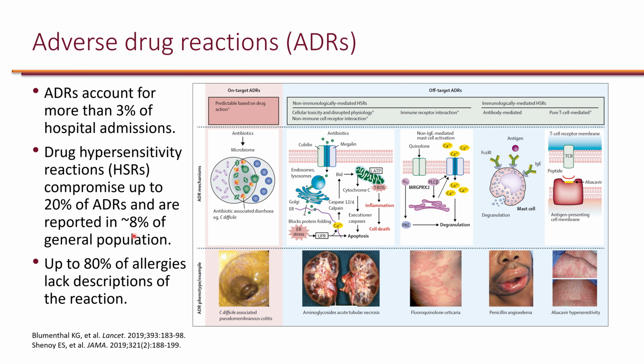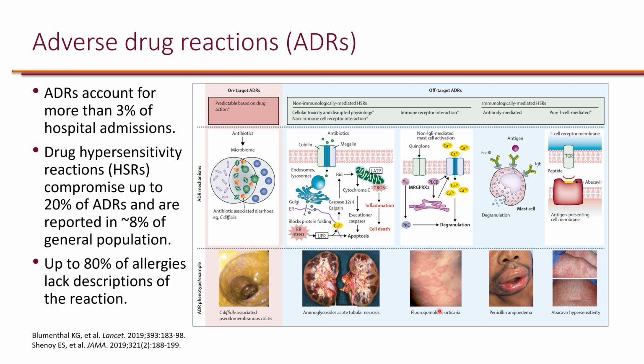An example is when fluoroquinolones interact with the cell receptors on the mast cells, resulting in urticaria. And this is not activating the immune system, but the end result is the mast cells causing urticaria. A non-immune cell receptor mediated example would be aminoglycosides causing nephrotoxicity, in particular acute tubular necrosis.